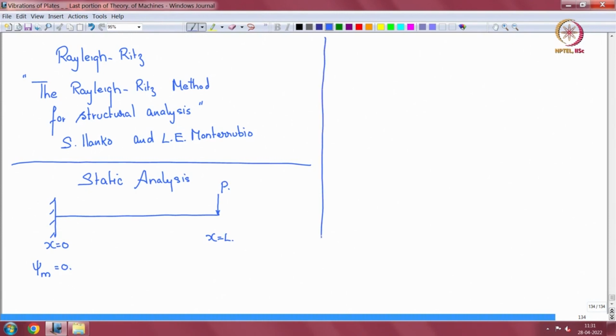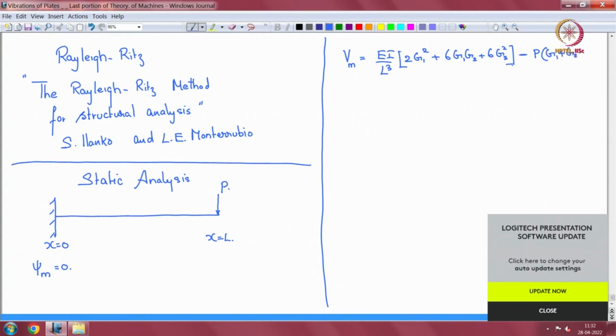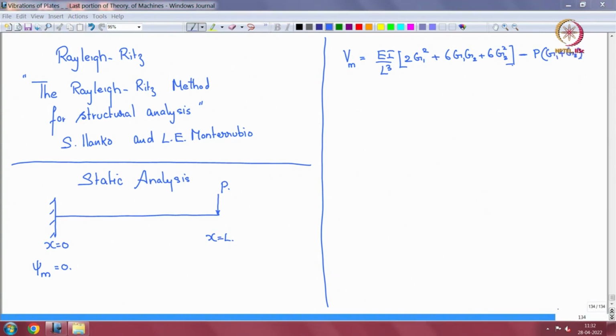Then if I look at the potential energy term, the potential energy term now has E I by L cube, and this was there before also, 2 G1 square plus 6 G1 G2 plus 6 G2 square, and the external energy comes as a minus P times G1 plus G2 as it is applied at the end.